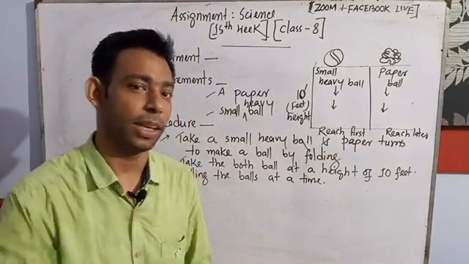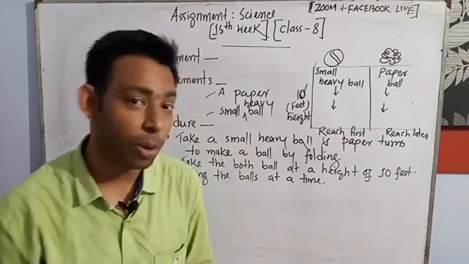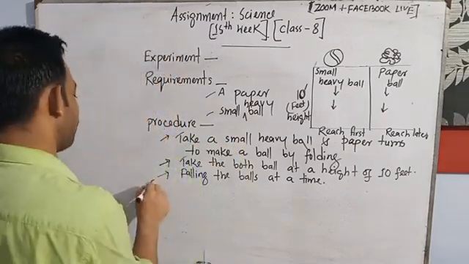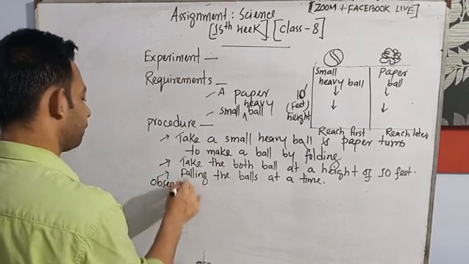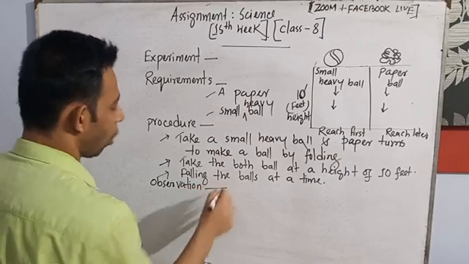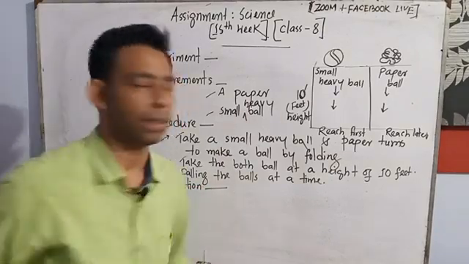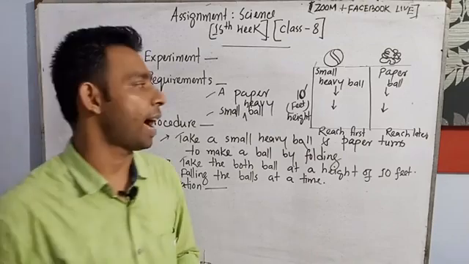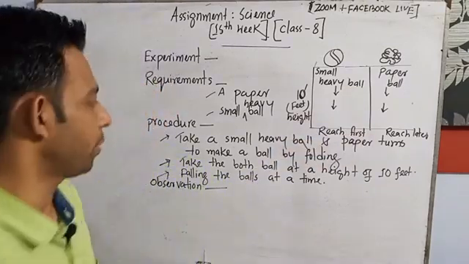Now falling the bodies. But we need to observe. Observation. What is the observation here? From the 10 feet height, which ball falls to the ground first?